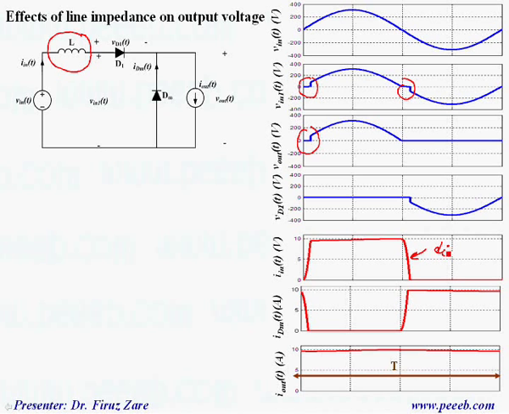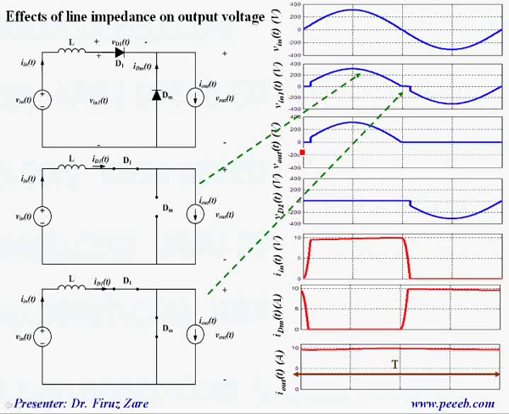Here we can see that the current through the inductor is decreasing based on this di/dt, and the current through the freewheeling diode is increasing based on this di/dt. So now we can analyze the circuit. Starting from this time, suppose this diode is turned on, so the current through this diode and inductor is the output current. So this is the current loop.